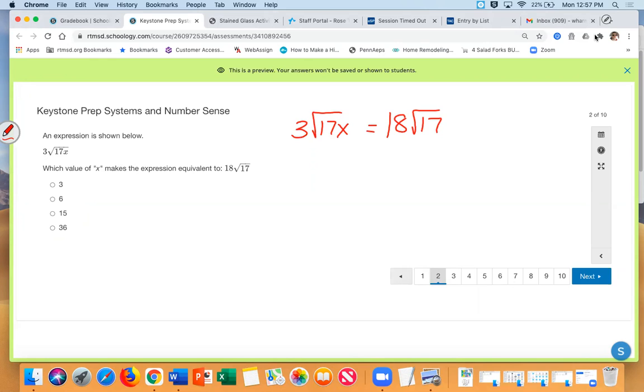Using properties of square roots, we can break up root 17x to root 17 times root x. There's nothing wrong with that. Rachel, I'm allowed to do that, right? That equals 18 root 17, correct?